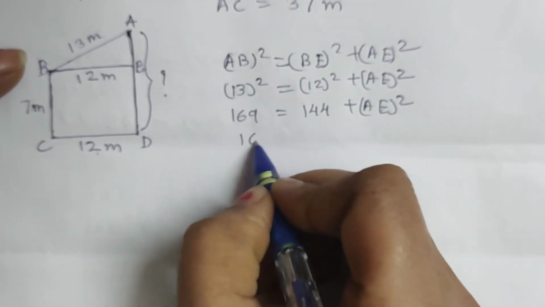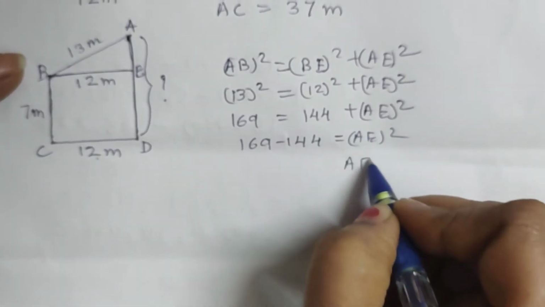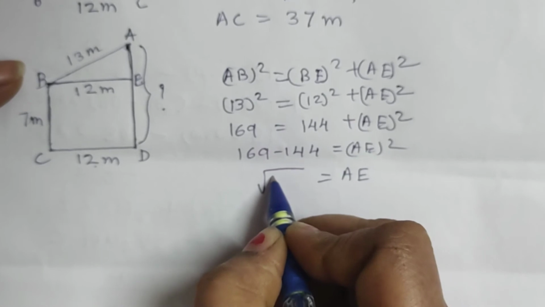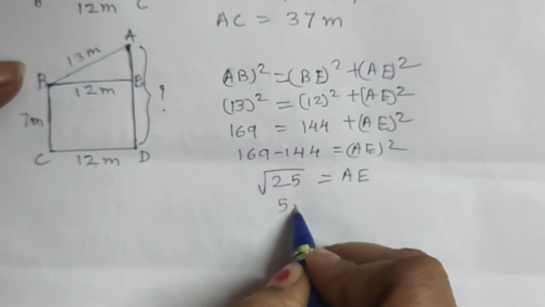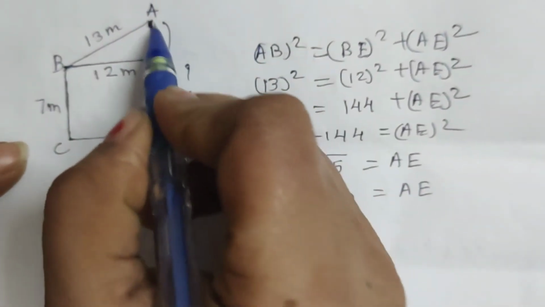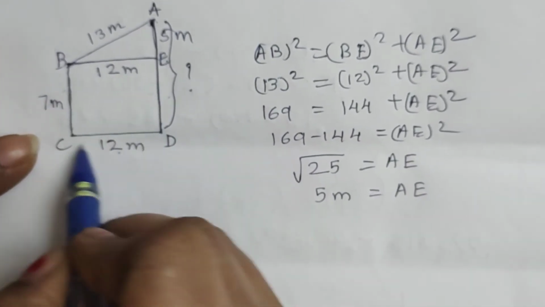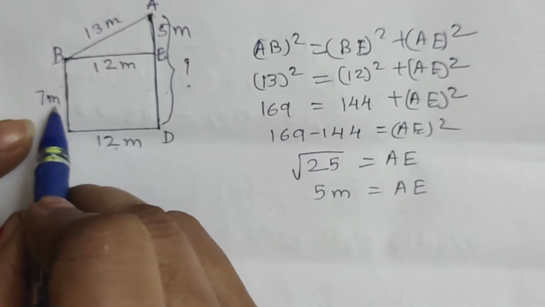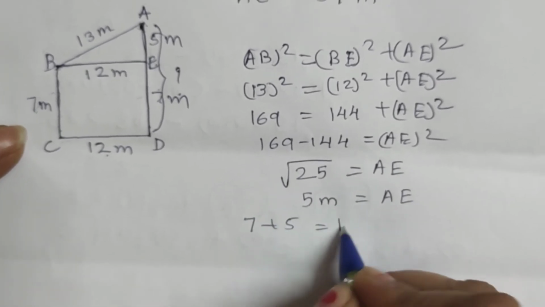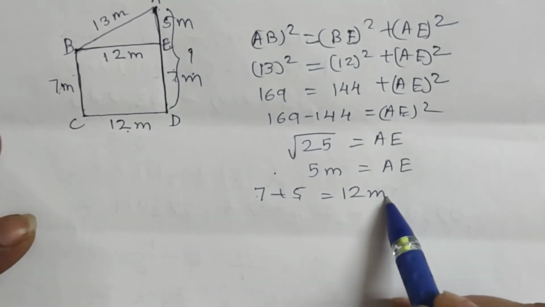So 169 minus 144 is equal to AE square. So AE is equal to, 169 minus 144 is 25. So root of 25 is 5. So AE is 5 meter. Now these two are parallel, so the distance between the two poles is the same. So this will be 7 meter. So 7 plus 5 is equal to 12 meters. So the height of the larger pole is 5 plus 7, which is 12 meter.